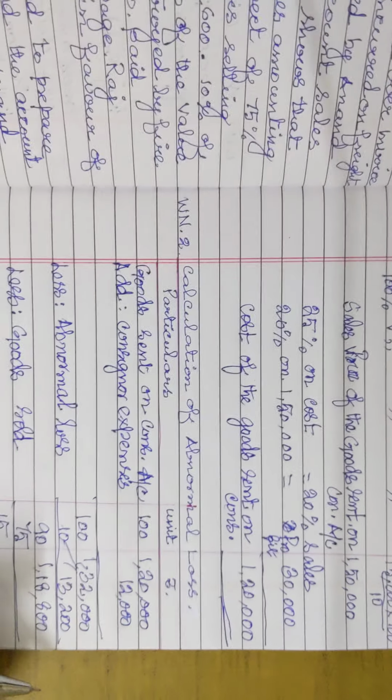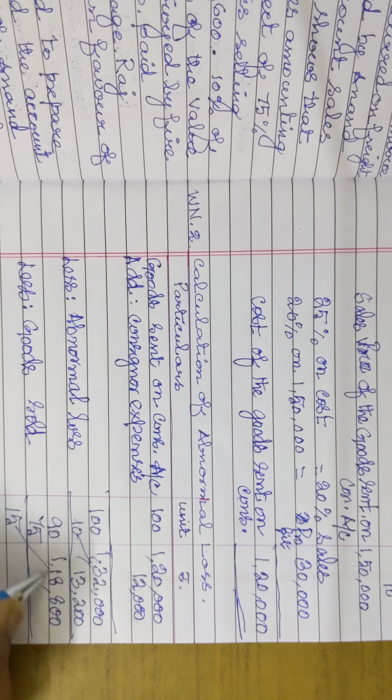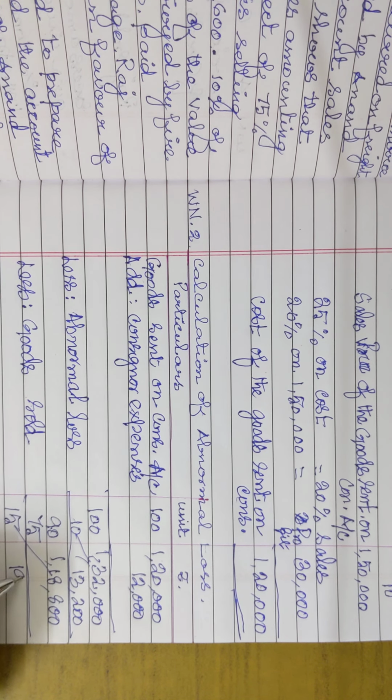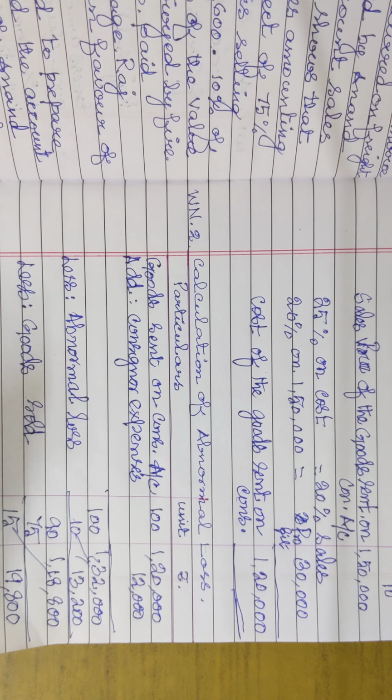Again, the value you are going to find out just by cross multiplying and dividing it by 90. So 1,18,800 divided by 90 into 15 is equal to 19,800. So this is the cost of goods lying at the consignee's go down.